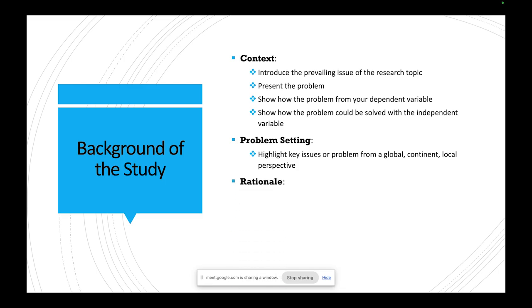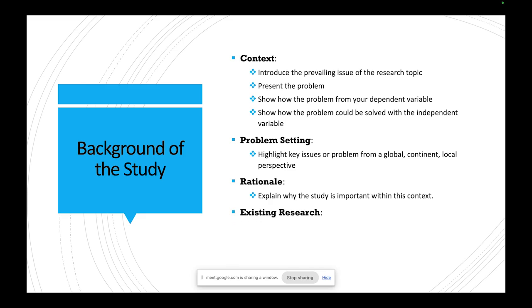Now, you talk about the rationale, or the reason why exactly you are bringing up that study. You will be able to cite the impact that this problem has already created in the society, or in the area you're looking at. And that is the reason why, if a solution is brought in, it will help to reduce that problem.